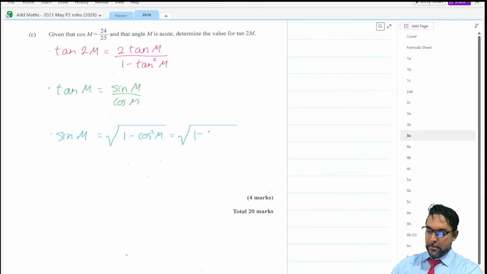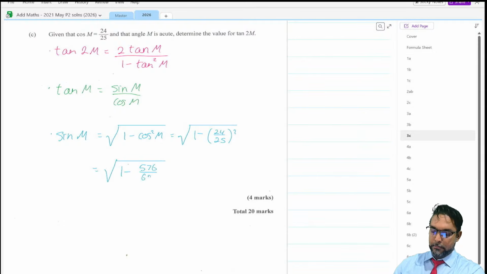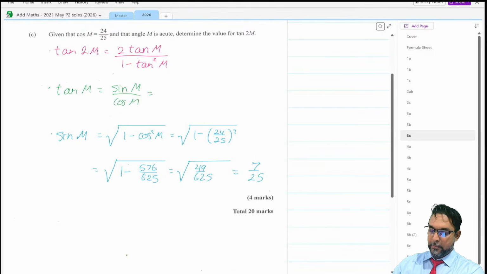Oh, no, I forgot all about tan. I'm so sorry. I would have used sine over cos, and then for the tan I use the other formula, the double angle one.